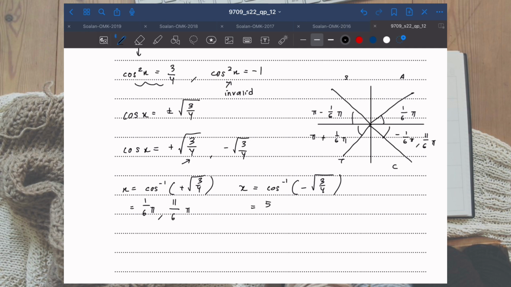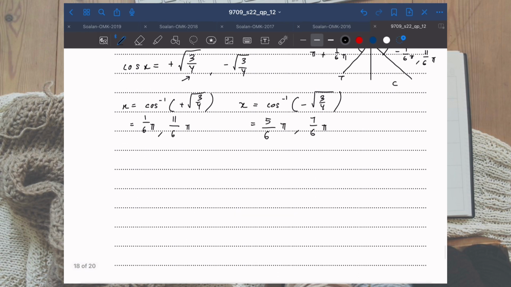So your angles in the negative quadrants are 5 over 6 pi and 7 over 6 pi. So all your values of x will be 1 over 6 pi, 5 over 6 pi, 7 over 6 pi, and 11 over 6 pi. So that's your answer for part A.